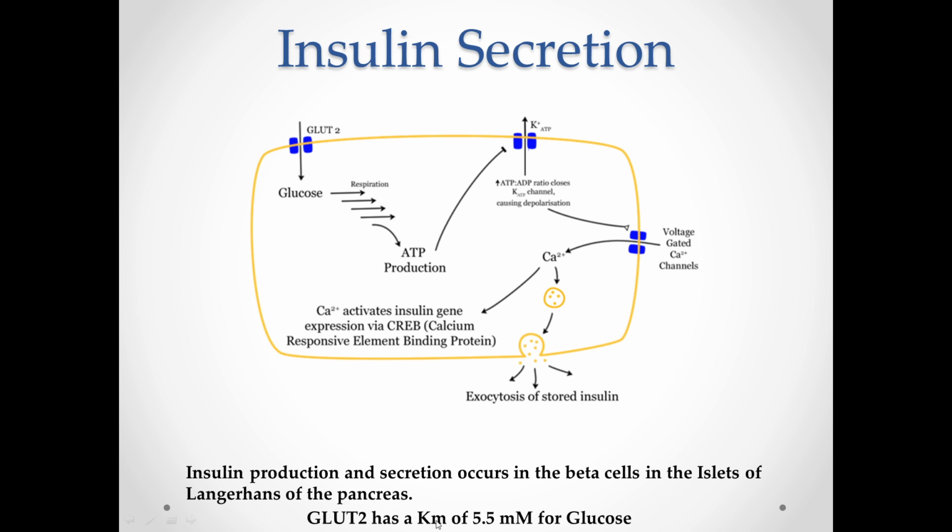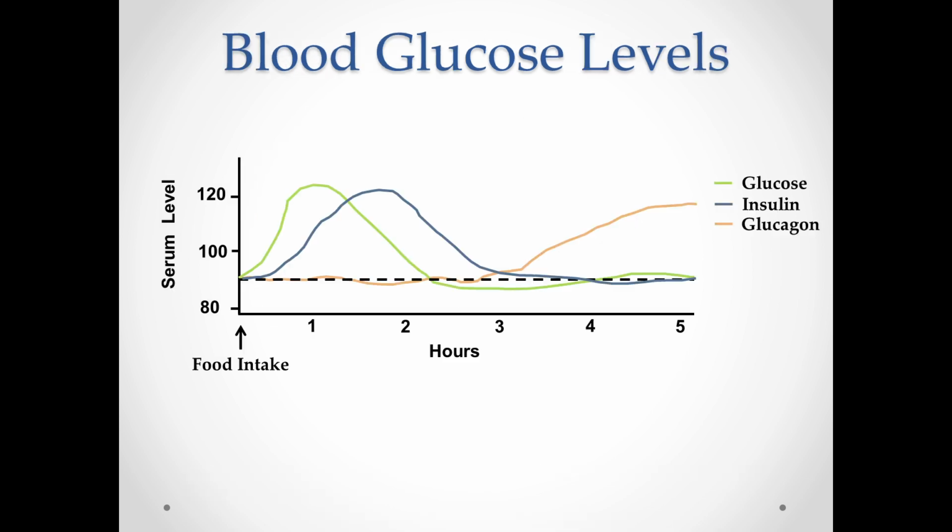GLUT2 has a relatively high affinity for glucose, and that's what Km stands for. So once the concentration of glucose reaches 5.5 millimoles or greater, this mechanism is activated. In other words, upon elevation of blood glucose levels, there is release of insulin from the beta cells in the islets of Langerhans of the pancreas.